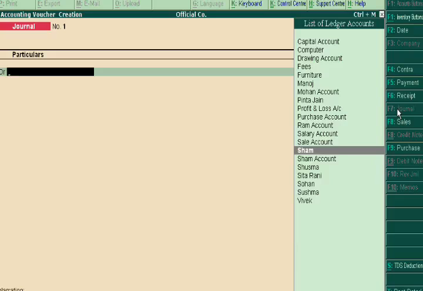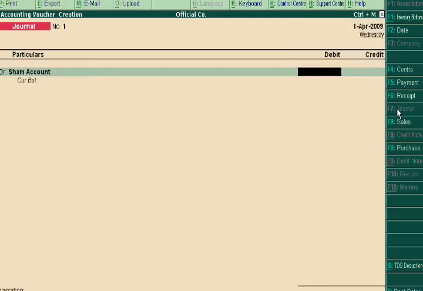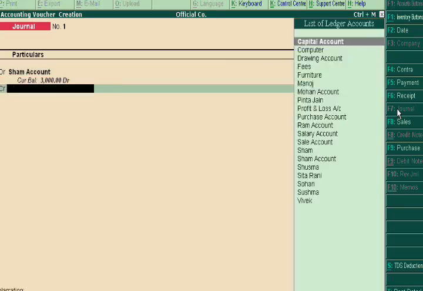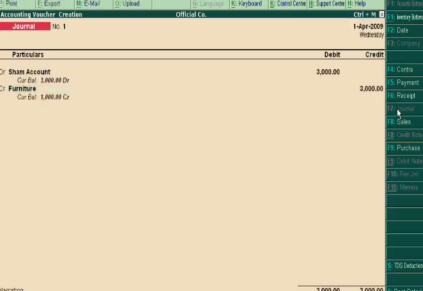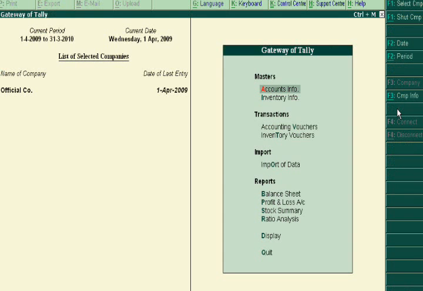Suppose we sell furniture to Sham, so Sham account will be debit of rupees 3000, and now we will write a furniture account 3000, accept it. Now check our balance sheet in Gateway of Tally.